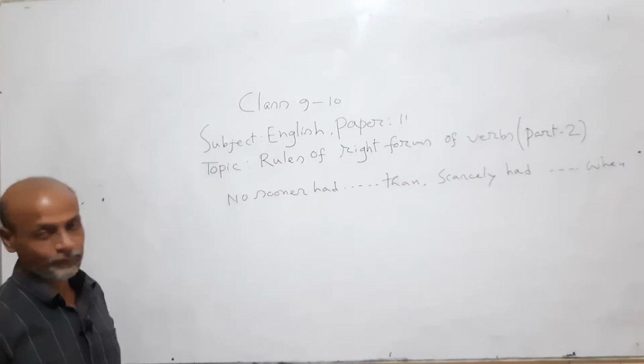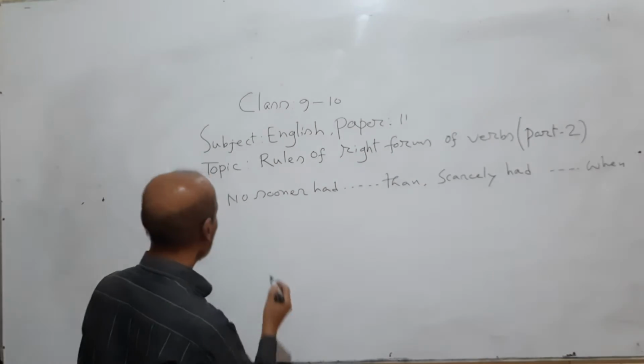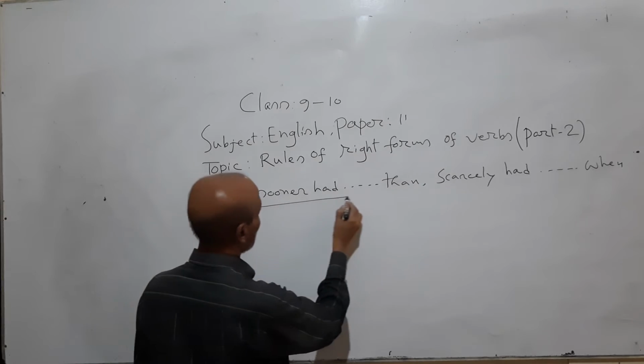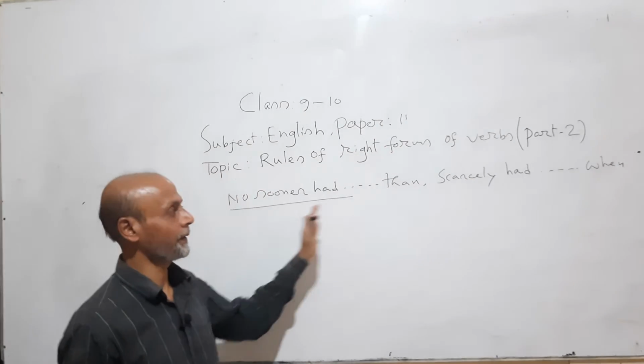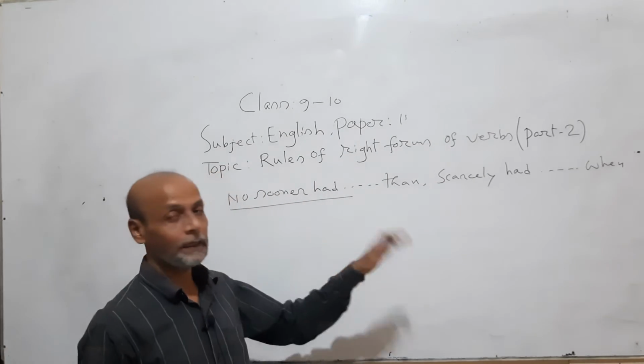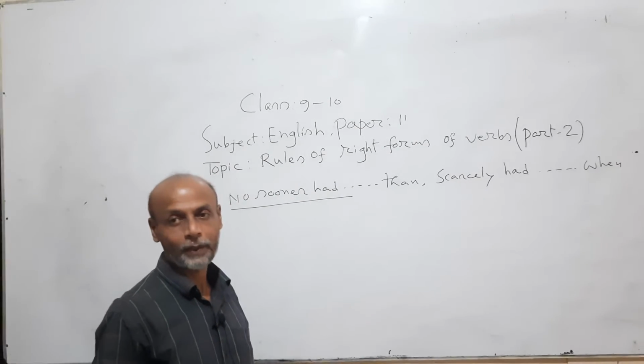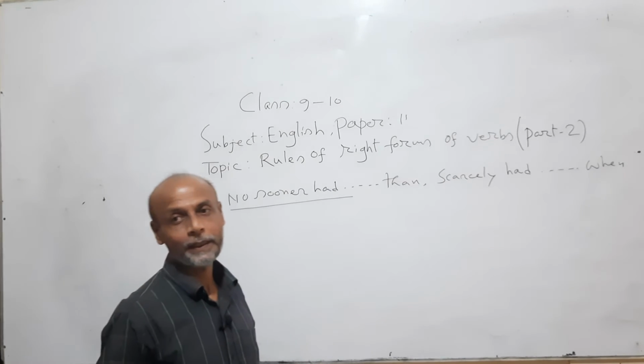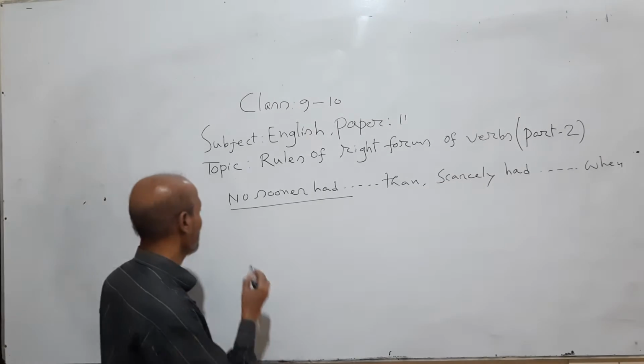If you get such types of correlations, where you will get no sooner or scarcely, you have to use first perfect tense, and the other part of the sentence, the other verb, will take simple past.